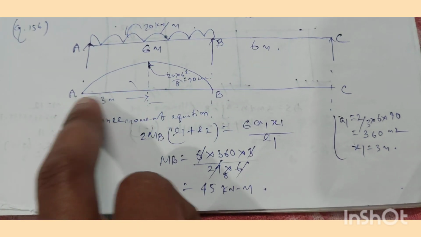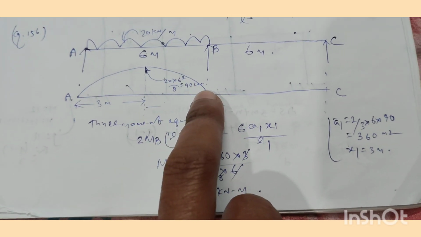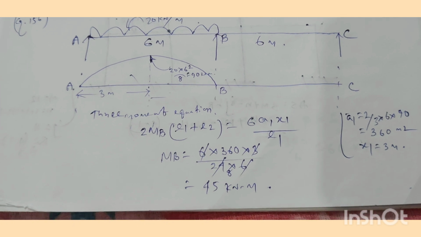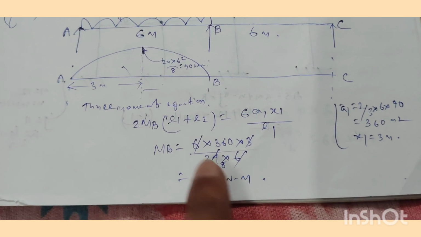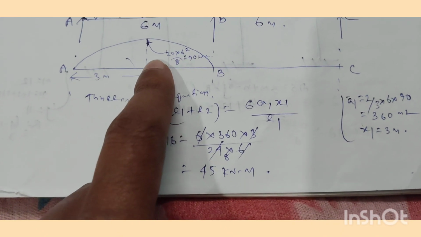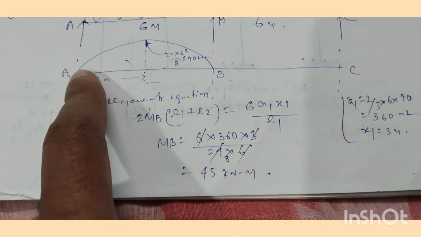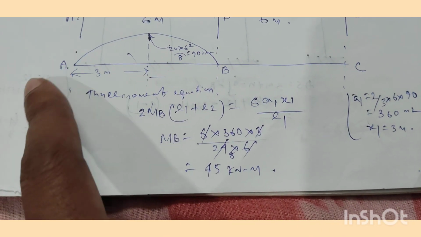So 2/3 into base, which is 6 meter, into height, which is WL square by 8, that is equal to 90, so the area will be equal to 360 meter square. And x1 is the distance of the center of the parabolic bending moment diagram from the support A, that is 6 by 2 equal to 3 meter.